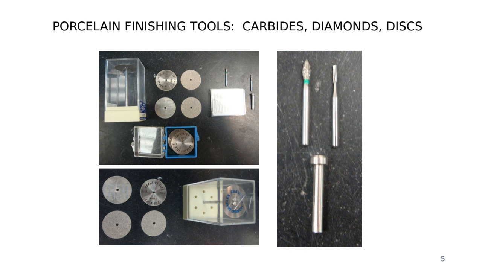In terms of the carbides, this is a good example. You see this carbide here has a green color. Each manufacturer has them color coordinated for diamond burrs and carbide burrs, regardless of shape. But you have to learn their color coding because they're not the same from manufacturer to manufacturer.